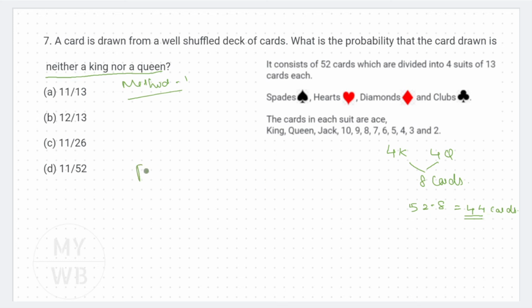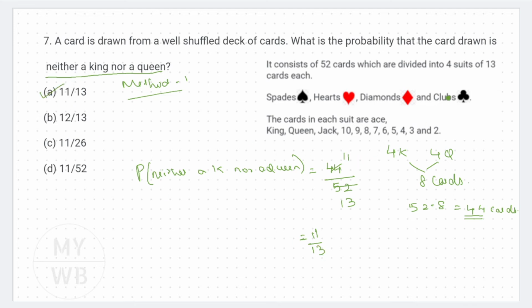So your probability of getting neither a king nor a queen is, number of favorable outcomes is 44 by total number of outcomes is 52. 11 times 4 is 44 and 13 times 4 is 52. So answer is 11 by 13.